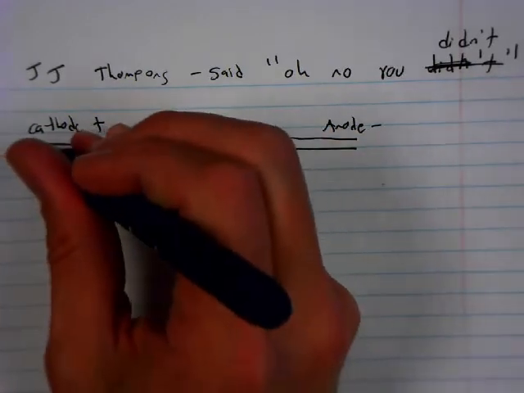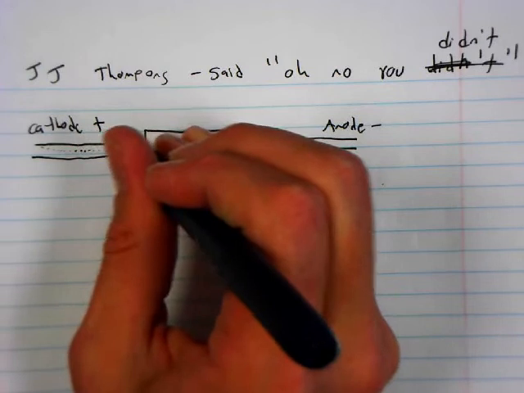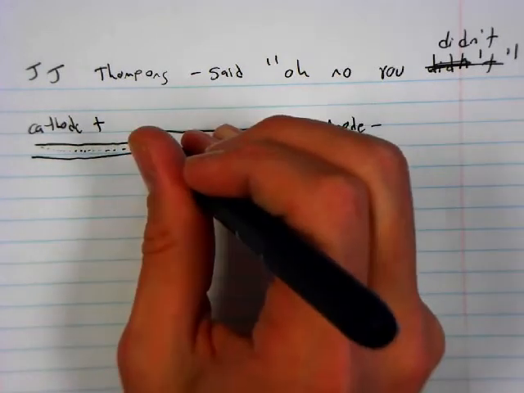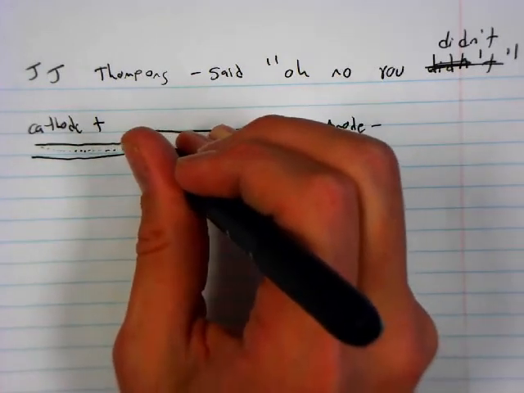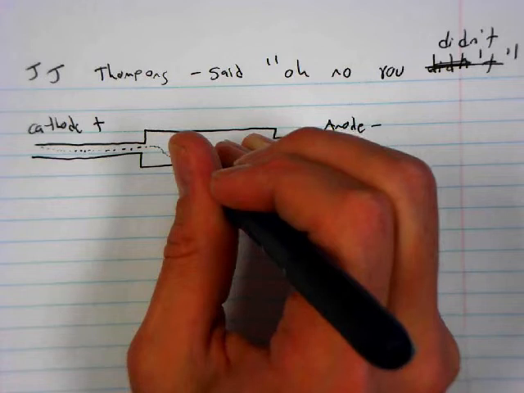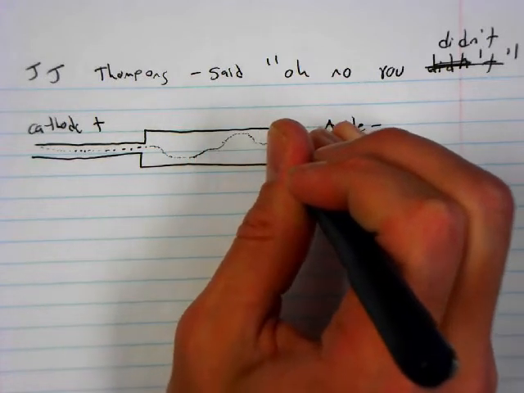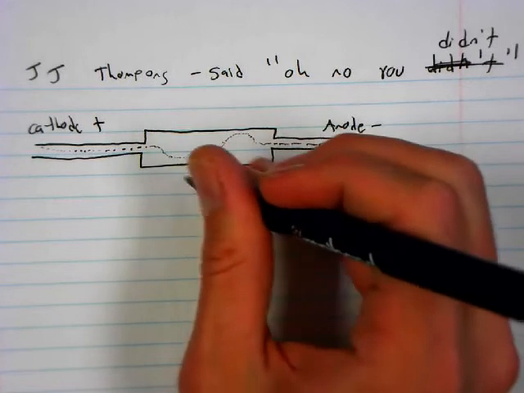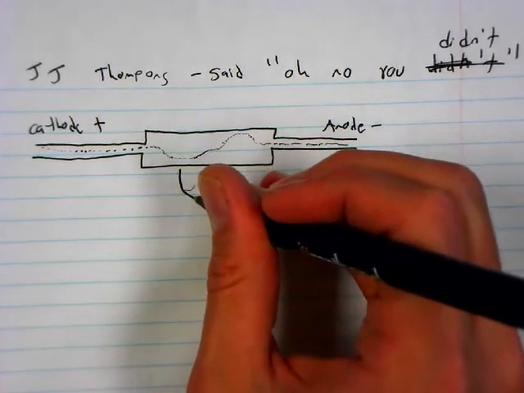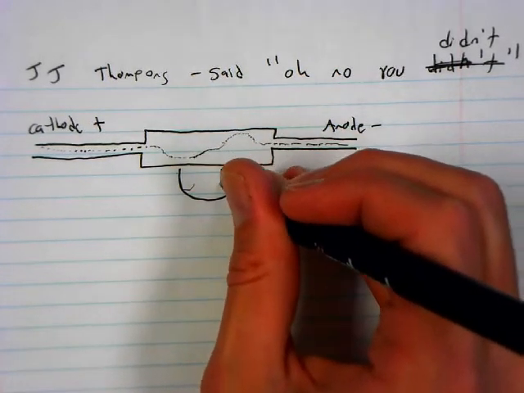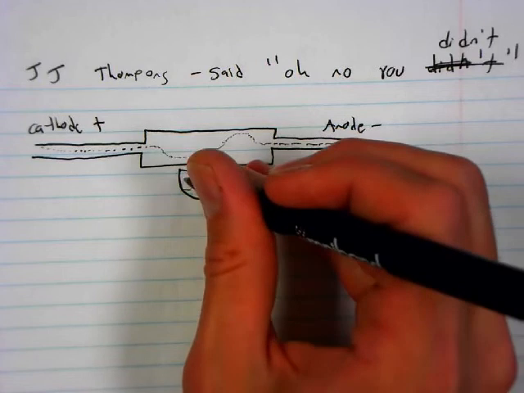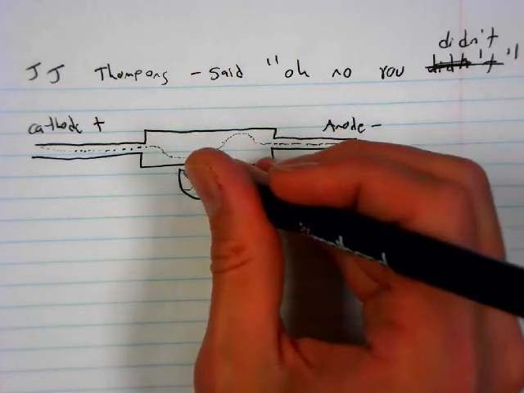And he was shooting charge through here. But what he did is he put a magnet up against here.